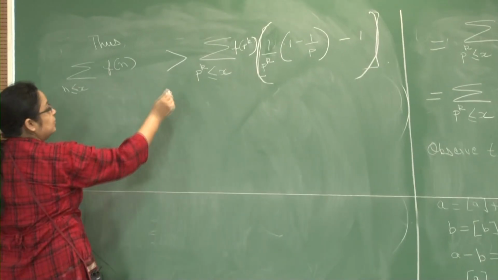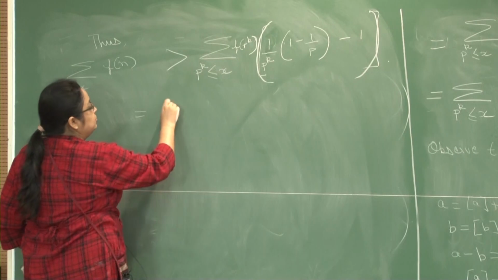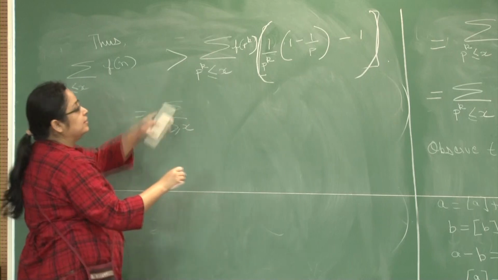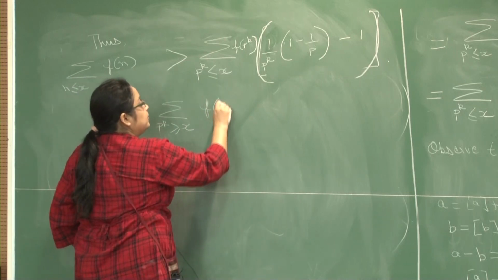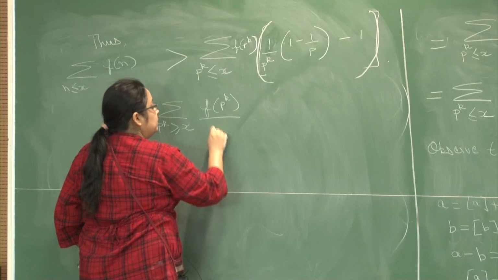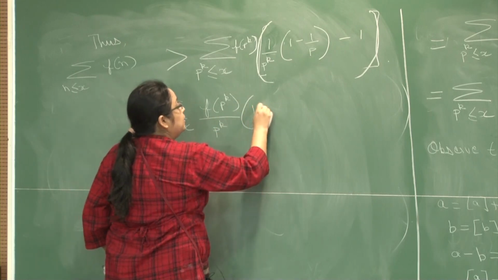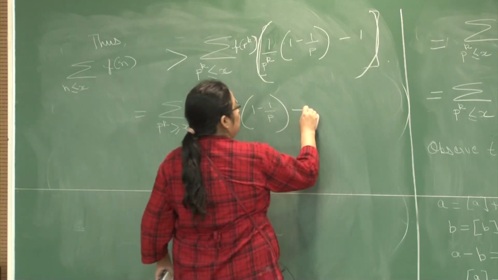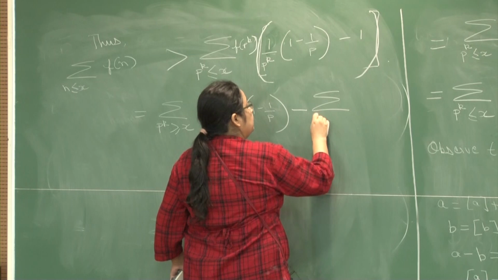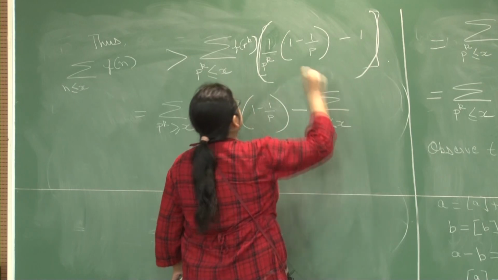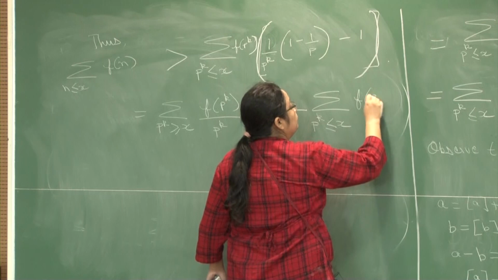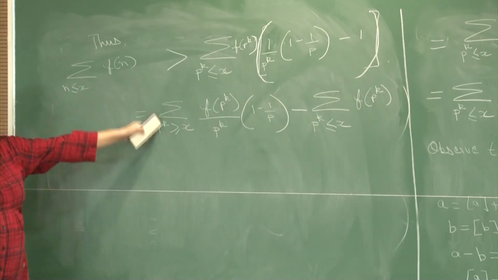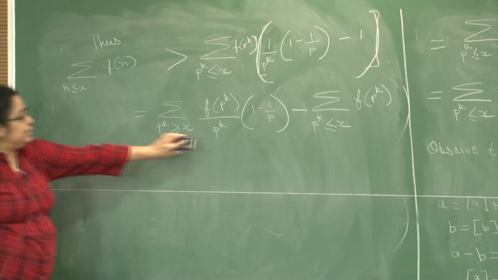And therefore, what is this thing equal to? This is the sum over p to the k greater than or equal to x of f of p raised to the k over p to the k times 1 minus 1 by p, minus the summation over p to the k less than or equal to x of f of p raised to the k. Are you convinced with this inequality? This is E of x, right?